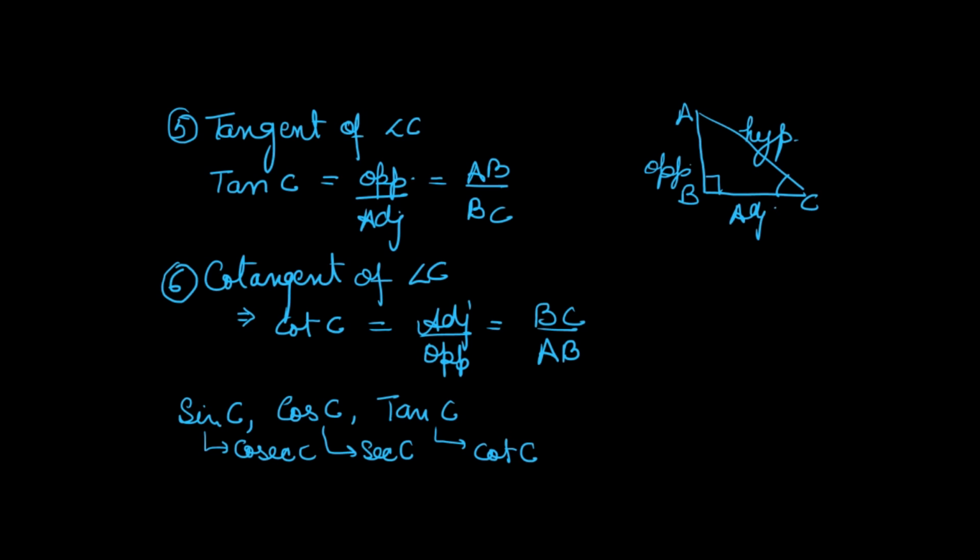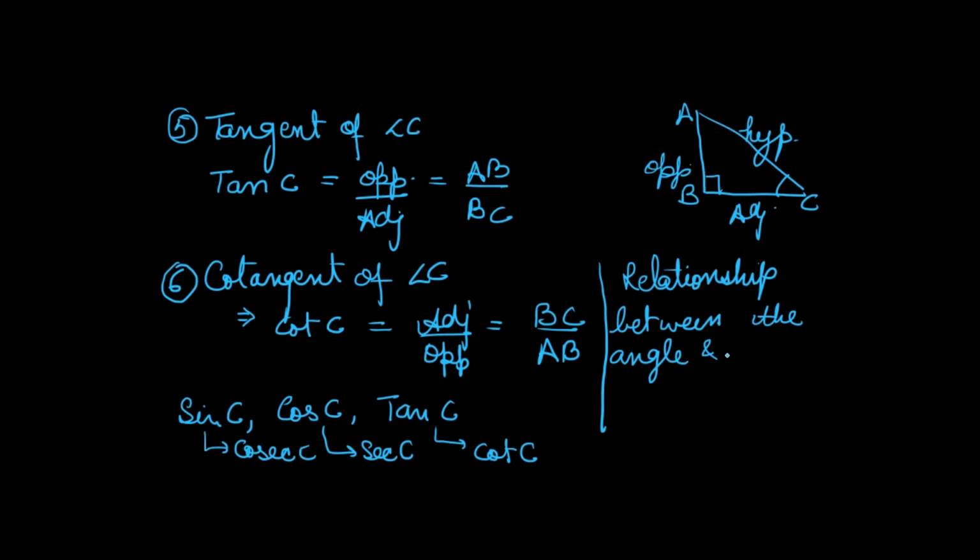So what is the trigonometric ratio telling us? It is telling us the relationship between the angle and the length of its sides of a right angle triangle, of this triangle.